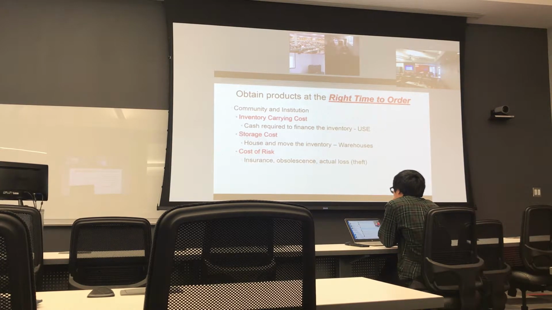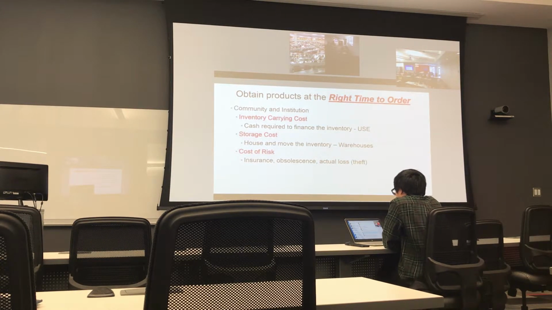If it sits on the shelf, it has the potential for going bad or being damaged, and then you have to insure that. So you have to pay a company, maybe for flood insurance, and we just saw that with Hurricane Florence in the southeast. So there are all sorts of costs associated with having the inventory ordered at the right time.